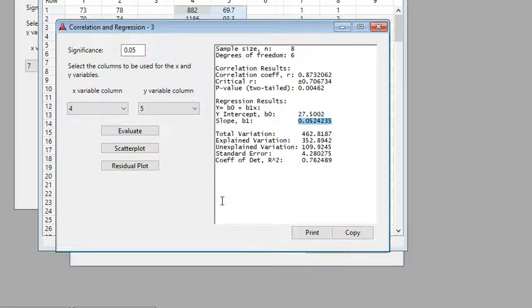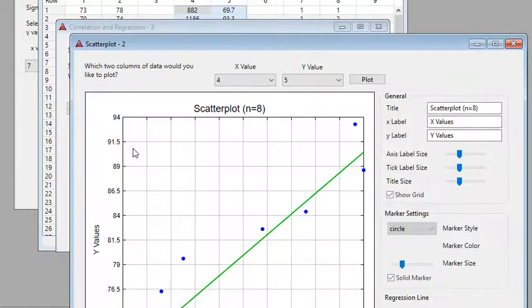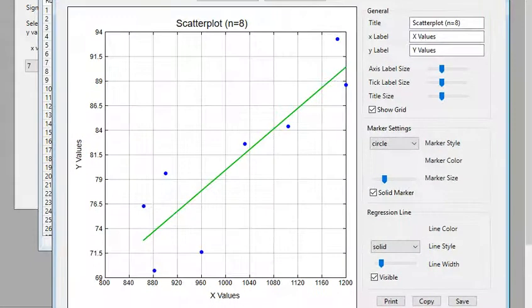Accordingly, we've got a significant regression here. Let's take a quick look at the scatter plot. It looks pretty good. Knowing the value of x does help us with knowing about what the value of y is. Some are better than others, but overall it does give us a good estimate.